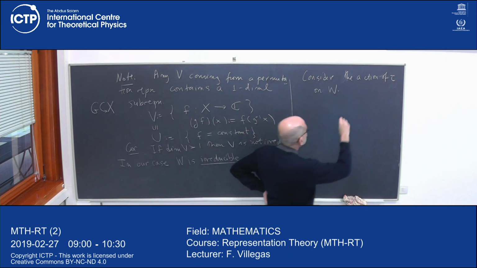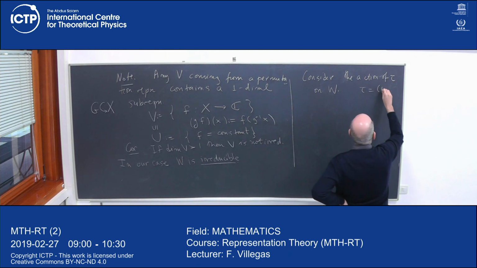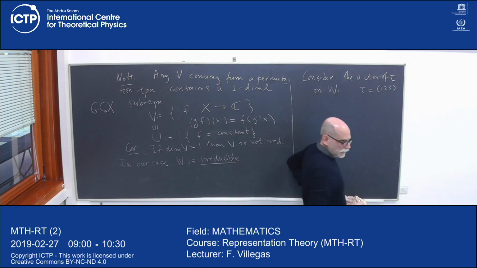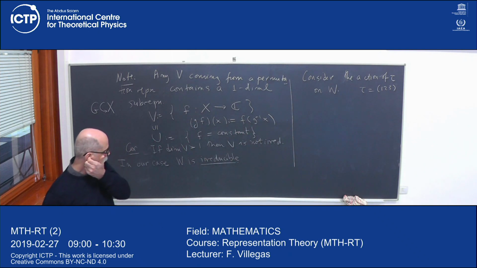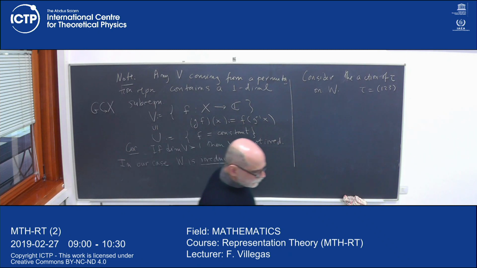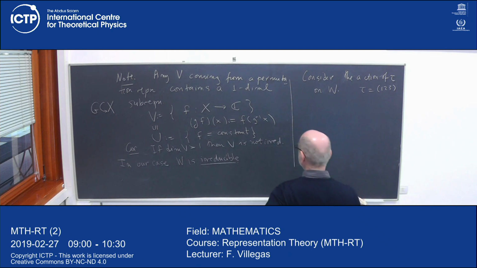Tau, remember, is the cycle 1, 2, 3. And if we just consider what tau by itself does, tau generates an abelian group of order 3, a cyclic group of order 3, and is acting on this two-dimensional space.